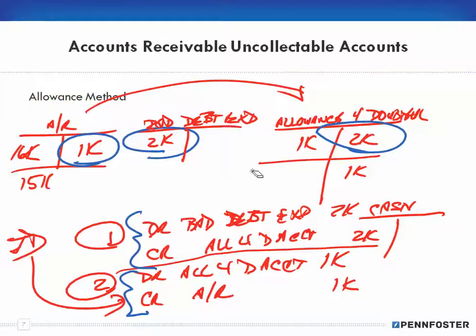But if you're using the aging method, you're always going to have a running balance, and you're constantly adjusting to the new amount that you think should be in your allowance for doubtful accounts. Like I said, you'll get this in the next two videos, but I just want to give you a heads up that depending upon the method will determine how much you're actually going to have in this allowance for doubtful accounts.